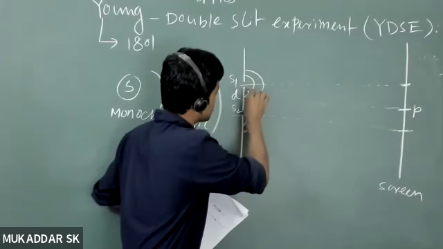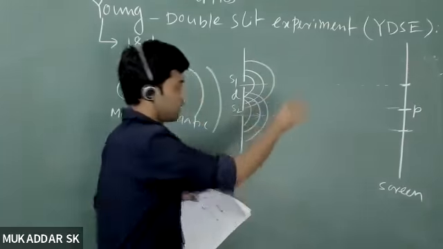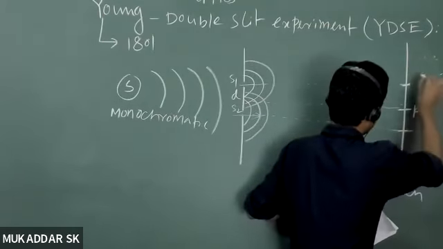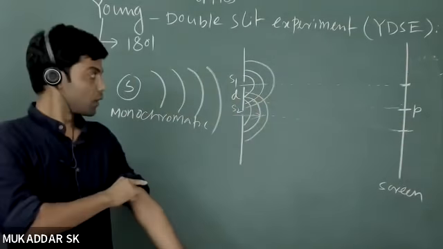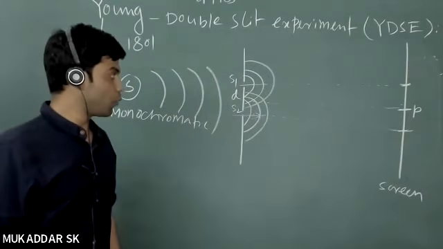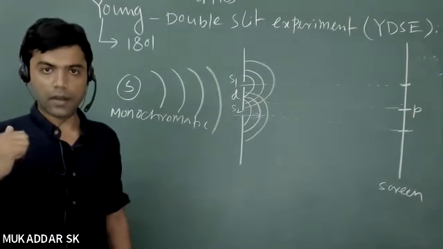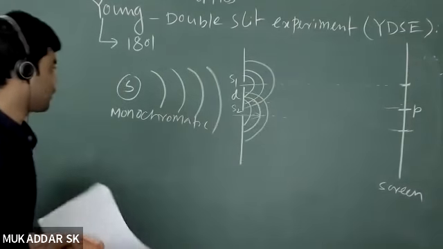Due to the superposition of these wavelets, you get the pattern of bright, dark, and so on. This is the basic introduction to the Young double slit experiment. Now we will derive the expression for the position of the bright and dark patterns. If you are ready, we'll start the derivation.